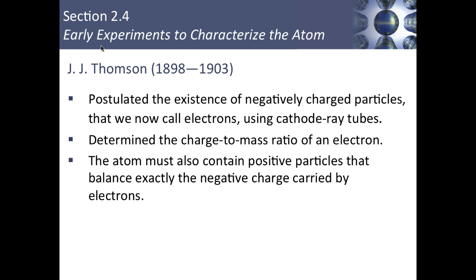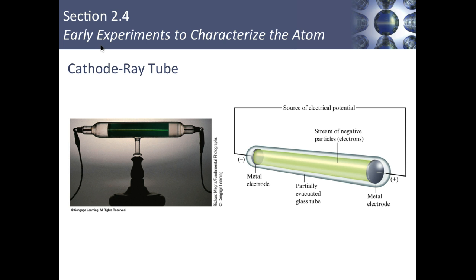Not Dalton. J.J. Thomson comes in, does his experiment with the cathode ray tube. The cathode ray bends away from the negatively charged plate, causing them to realize, hey, there's something negative in there. If there's something negative in there, that means that the atom is indeed divisible.